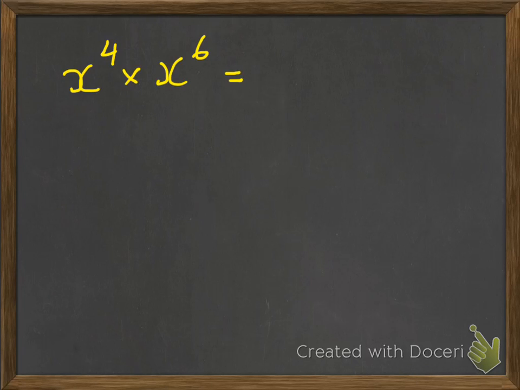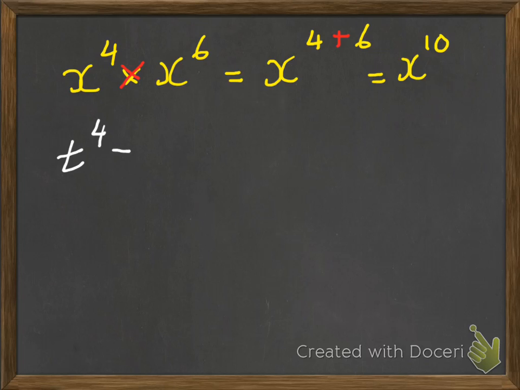So just a recap of those rules, if I had something like x to the 4 times x to the 6, that becomes x to the 4, and then I look at this symbol here, but know that it's multiply, that's not what I get, it's something different, plus 6, so it becomes x to the 10. I'm then going to have, let's have t to the 4 divided by t squared.